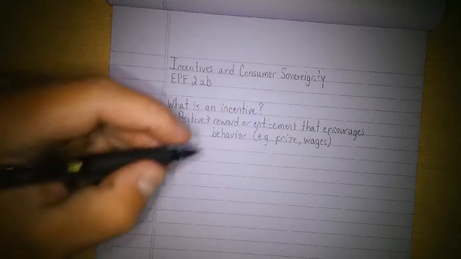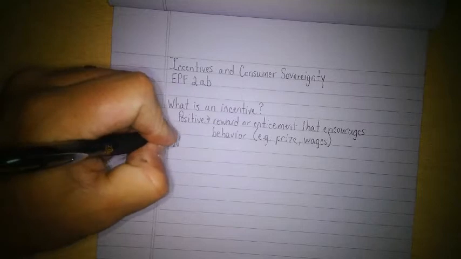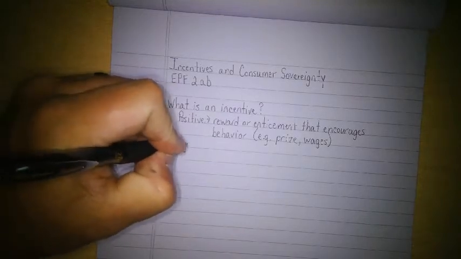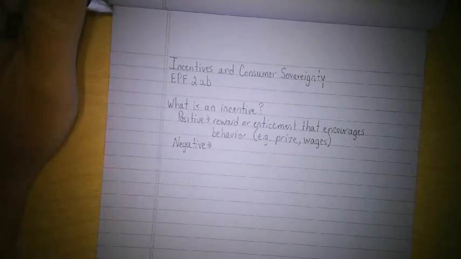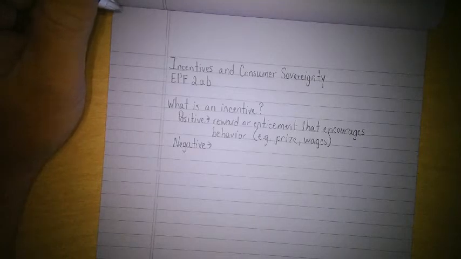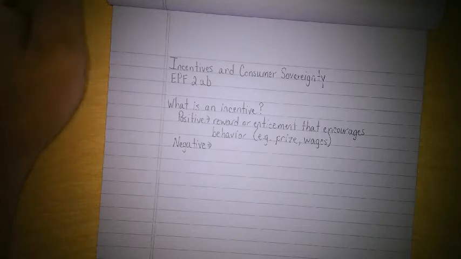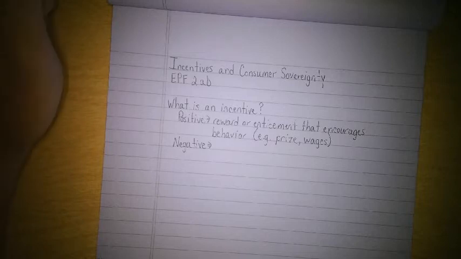There's also negative incentives, okay? So jot down the word negative. Okay? It says a negative incentive is a penalty that discourages a behavior. And the examples that I give you there is like a library fine or a parking ticket. If you speed down the road and you get a ticket, your incentive not to speed is to what? You get a ticket, right?